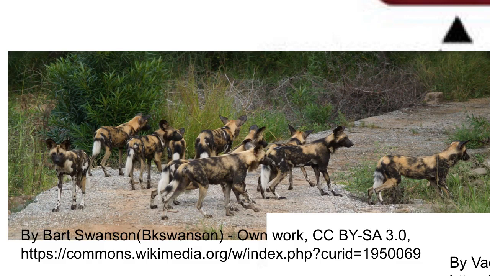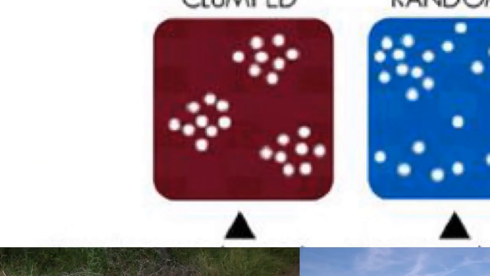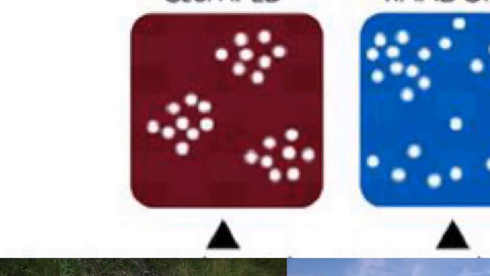They need the entire pack to do it, and they can all feed off of that resource once they kill the animal. Or, like those cows, there was a limited amount of shade in that pasture, and so they all clumped around that shady spot. This is usually from patchy resources in that area, which would cause a clumped dispersion.